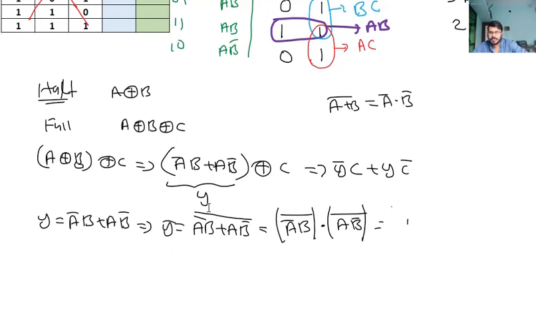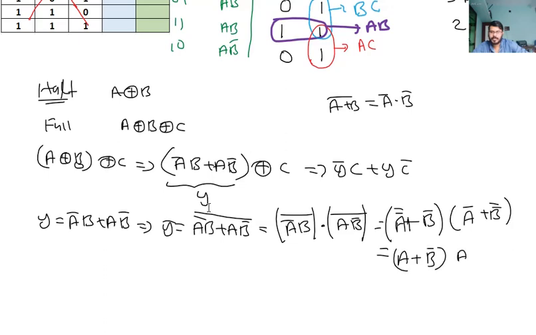So this will be equal to A double complement plus A double complement plus B complement into A complement plus B double complement. Now A double complement will be equal to A, and this will be equal to B complement.